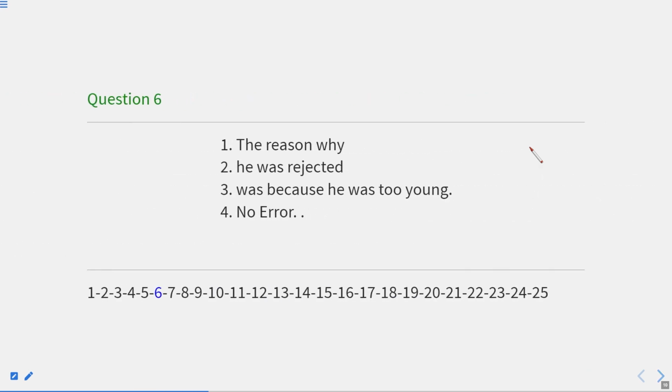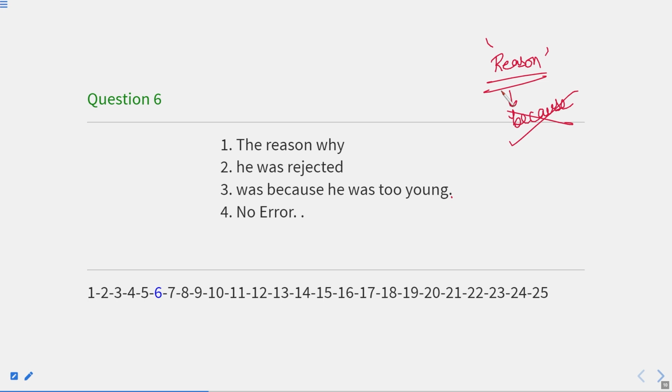This is question number 6. The reason why he was rejected was because he was too young. Now, suppose there is a sentence in which the word "reason" is mentioned. If the sentence contains this word clearly, we cannot use "because", "because of", or "due to".